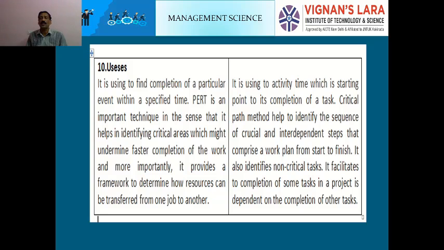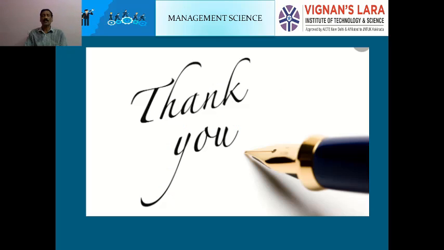The critical path method helps to identify the sequence of crucial and interdependent steps that comprise a work plan from start to finish. It also identifies non-critical tasks. It facilitates that completion of some tasks in a project is dependent on the completion of other tasks. That means one task depends on others, which creates an interdependency effect.